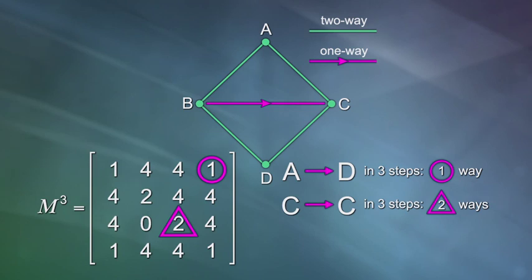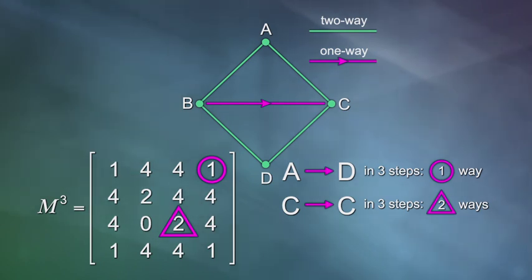In the third row, third column of M cubed, we find a 2. This means there must be 2 paths of length 3 that start at C and end at C. From the figure, you can see what these are.